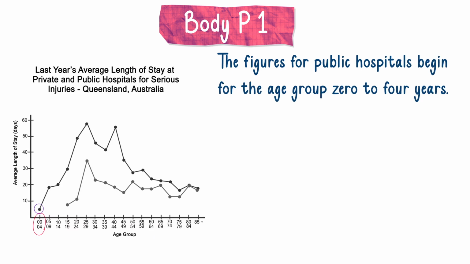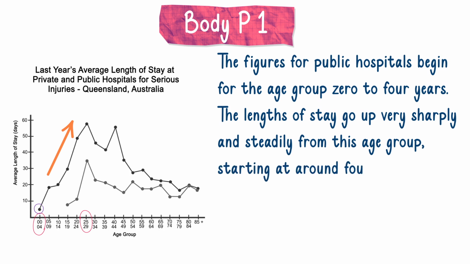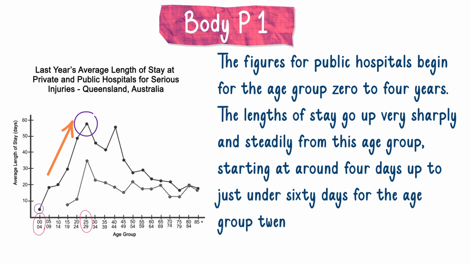So the lengths of stay go up very sharply and steadily from this age group. I'm going to write from 0 age group up to 25. So it starts from around 4 and it reaches around 60 days for age 25 to 29. So I repeat this sentence again.